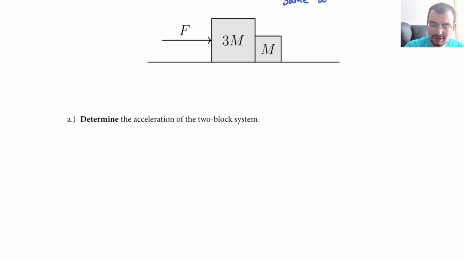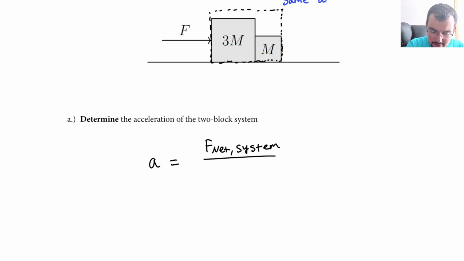So anytime you want the acceleration of the system, we say draw the big box. There are definitely other methods of doing this where we look at the forces on each block, but it's easiest to find acceleration just by doing the bounding box. So the acceleration is just F net on the system divided by the total mass.